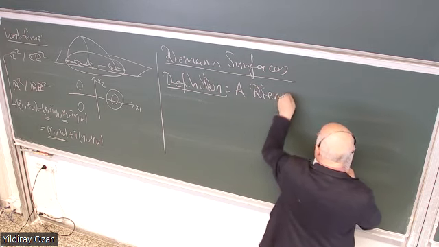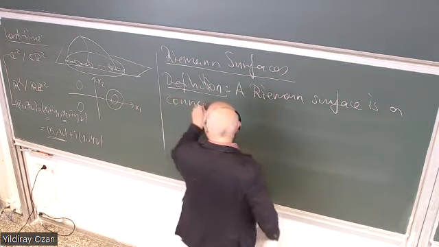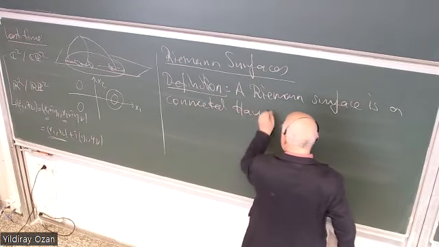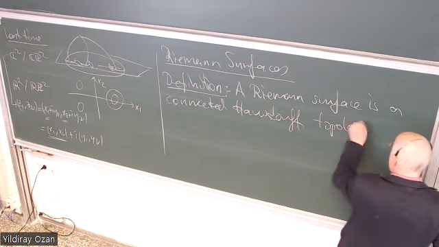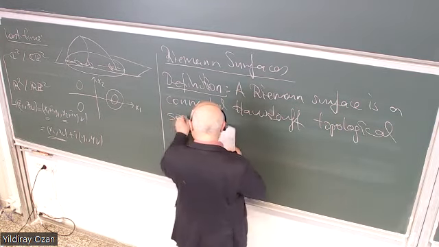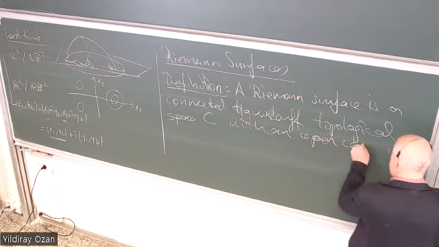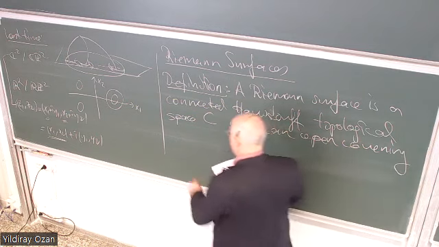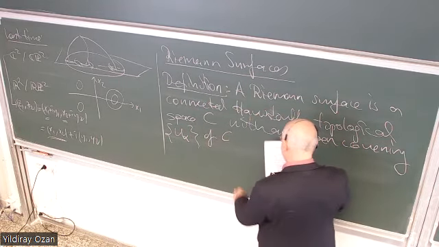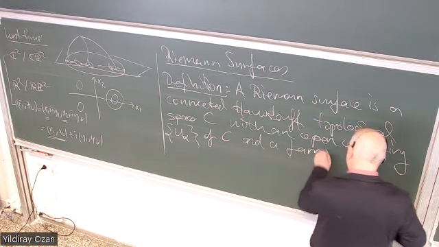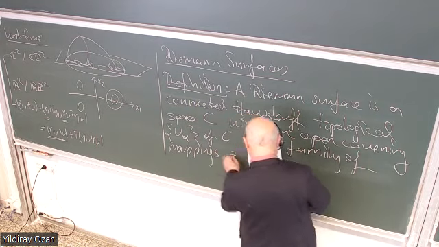Okay. A Riemann surface is a connected Hausdorff topological space C with an open covering, let's denote the open sets by U alpha of this topological space, and a family of mappings Z alpha.